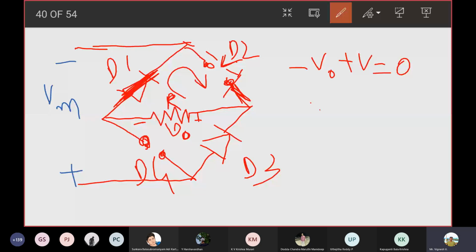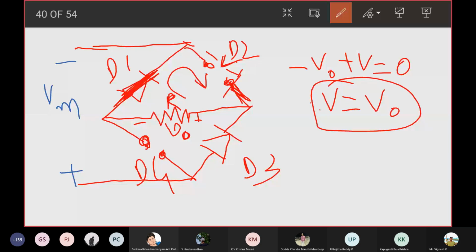In the upper loop. So V would be equal to V naught. So for a bridge rectifier, when I say V equals V naught, what is V naught? V equals Vm. So the maximum output voltage is Vm, right? So for a bridge rectifier, the peak inverse voltage is equal to Vm.